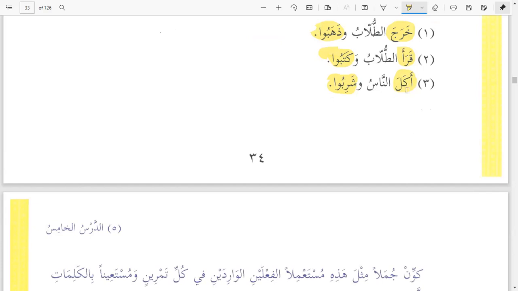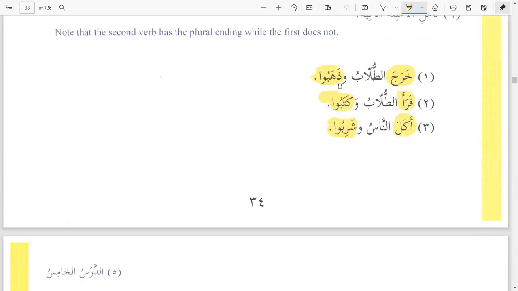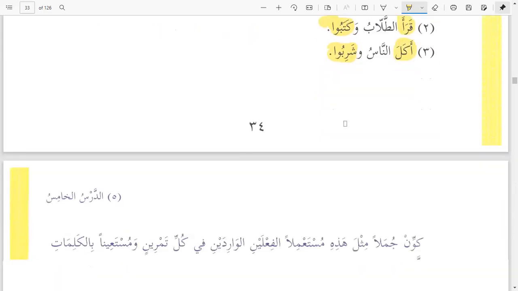Akalan nasu wa sharibu, the people ate and drank. So the second verb is plural here. So the second verb will be plural in the verbal sentences.